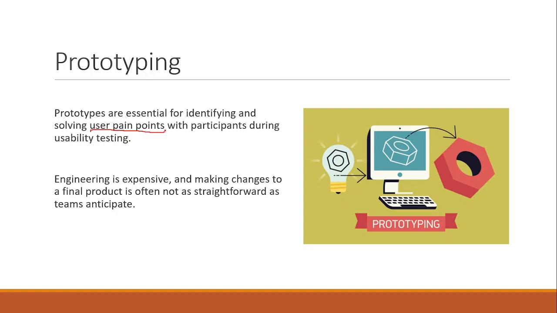So testing prototypes with end users or your clients enables the design teams to visualize and optimize the user experience during the design process. We can say that engineering or development itself is expensive, and making changes to a final product is often not as straightforward as teams anticipated.